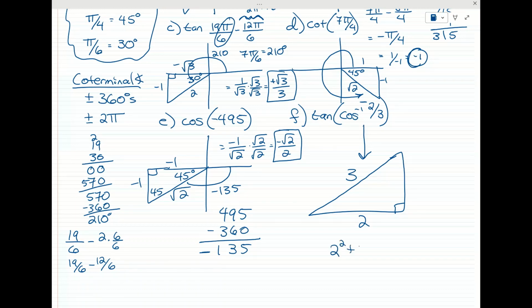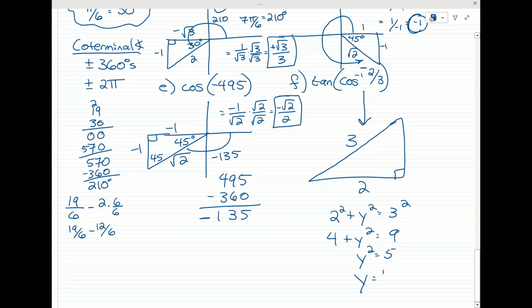So 2 squared plus y squared equals 3 squared. 4 plus y squared is 9. y squared is 5. And it looks like y would just be plus or minus root 5. So the tangent would be opposite over adjacent.